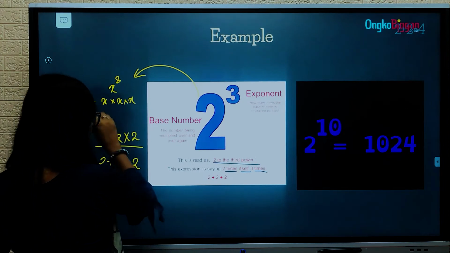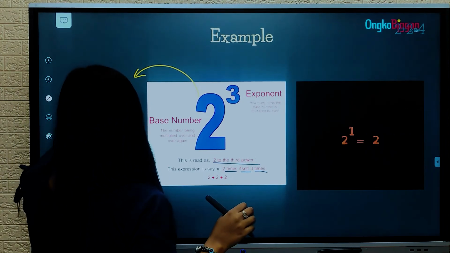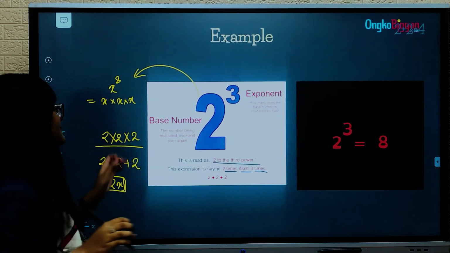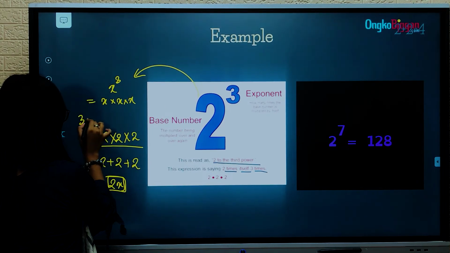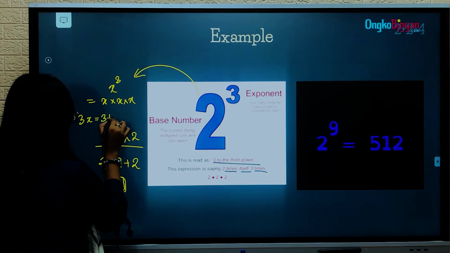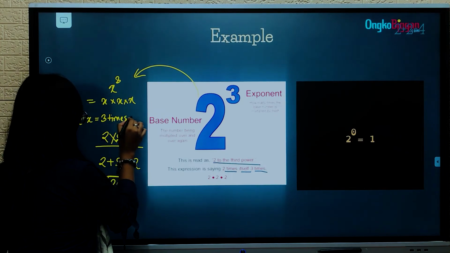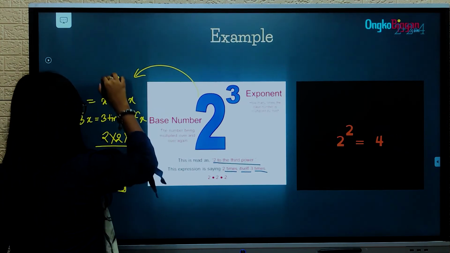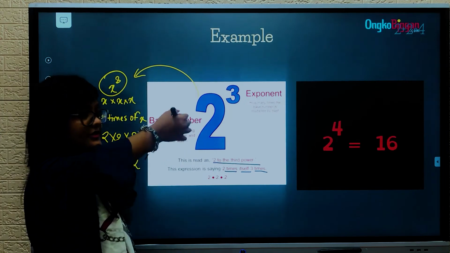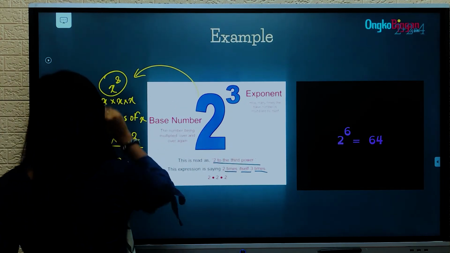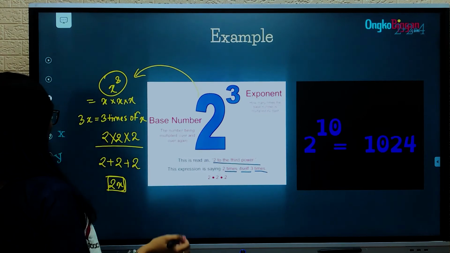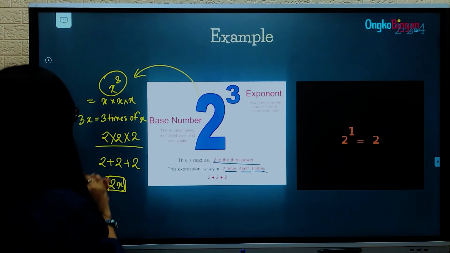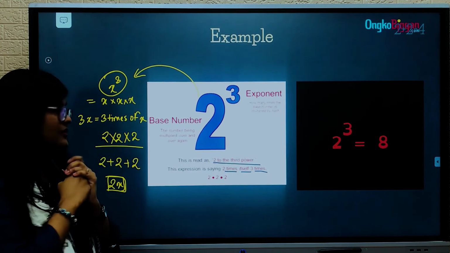That means x itself 3 times. If we say 3x, it will be 3 times x. But x to the power 3 says x times itself 3 times. So I think you are clear about 3x and x to the power 3.